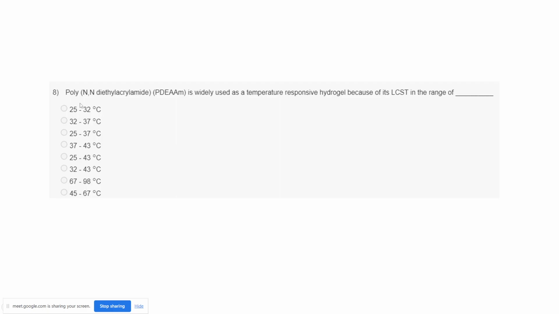Below this temperature range, it will be liquid, and above this temperature range, it will become less soluble in water and it can form the hydrogel. 25 to 32 degrees Celsius would be the correct answer.